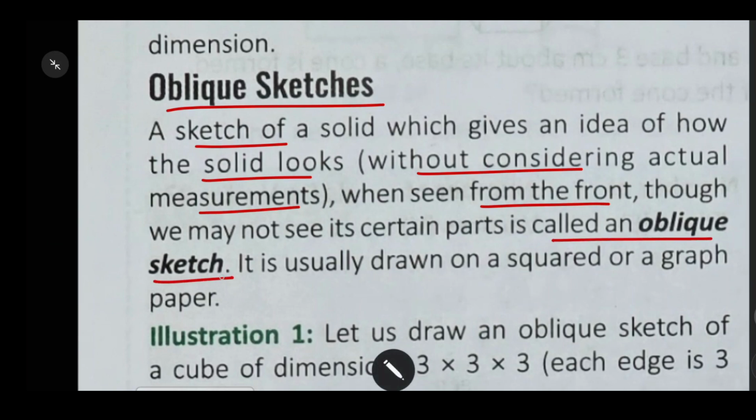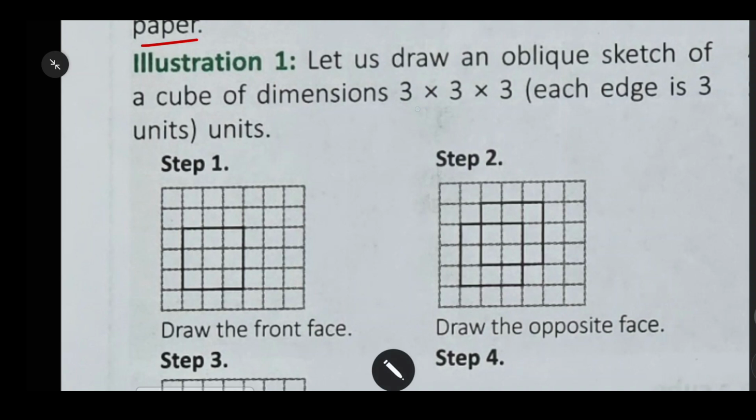This oblique sketch is drawn on graph paper. Let us take an example. Suppose we have to draw a cube of dimension 3 cross 3 cross 3. In the first step we draw the front face. Here you can see the front face that we are drawing. In this way we have made a front face and the opposite face.